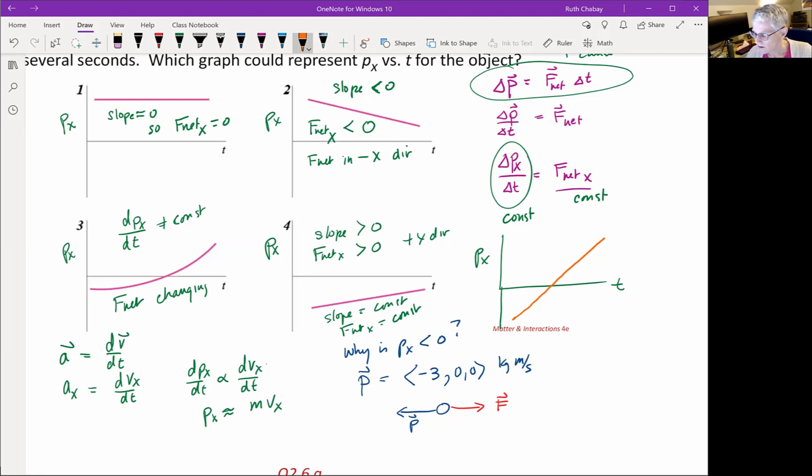So the object is moving to the left, but the value of px is getting smaller and smaller and smaller, and it gets to 0. So the object moves to the left, but it's slowing down. And finally, it comes to a stop, and then there seems to be a net force still acting on it, so it actually turns around and starts going the other way and starts speeding up.